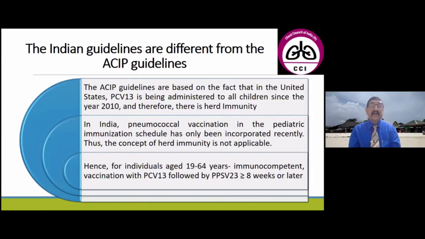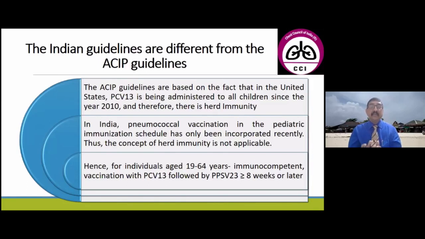But in India, pneumococcal vaccination in the pediatric immunization schedule has only been incorporated recently. Thus, the concept of herd immunity is not applicable. Hence, for individuals aged 19 to 64 years, immunocompetent patients, vaccination with PCV13 followed by PPSV23, but the gap should be more than or equal to 8 weeks.